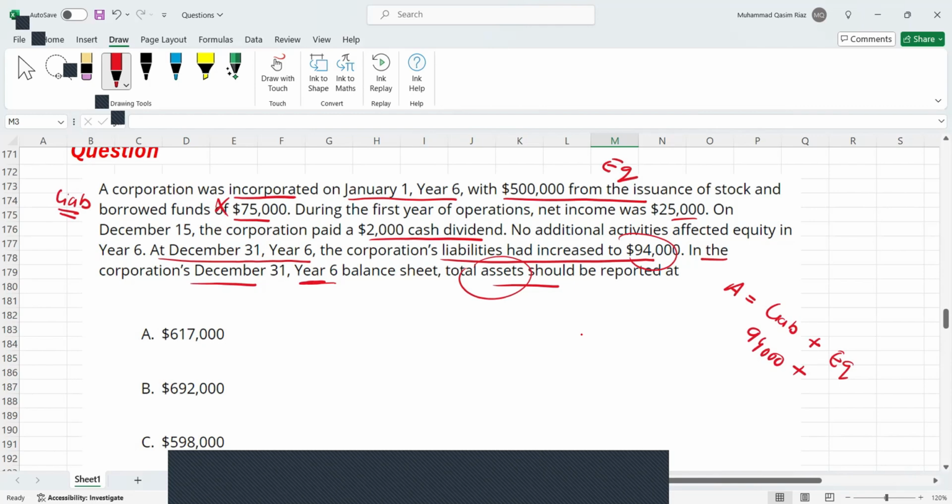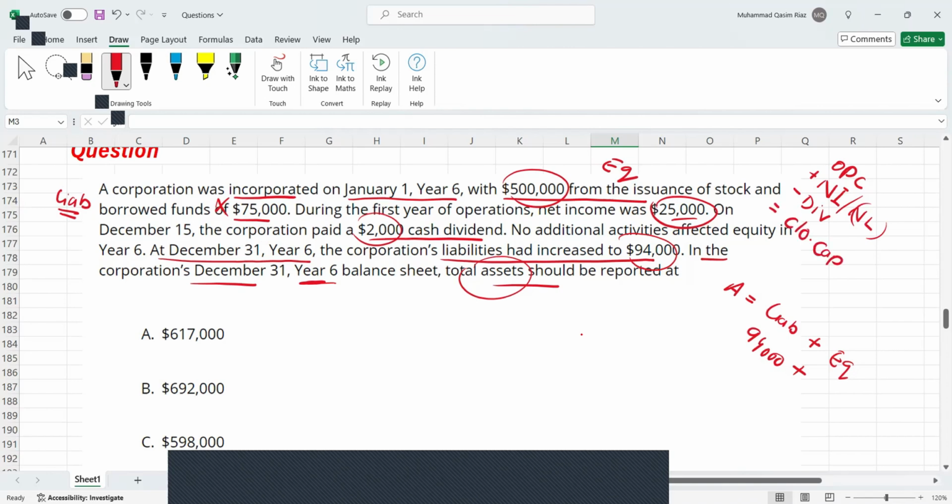And for equity, we are provided the beginning value of equity, net income and cash dividend. So you know the equation of capital, opening capital plus net income for the year or minus net loss for the year, minus dividend equals closing amount of capital, right, or equity.